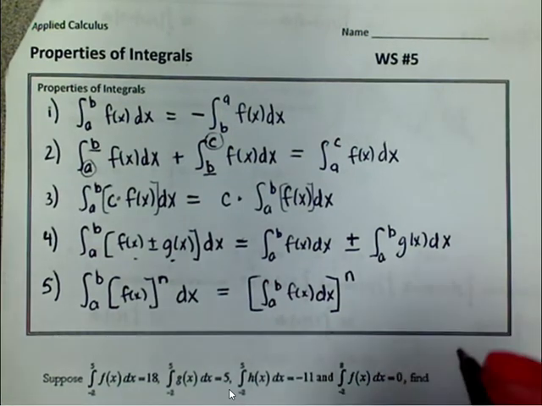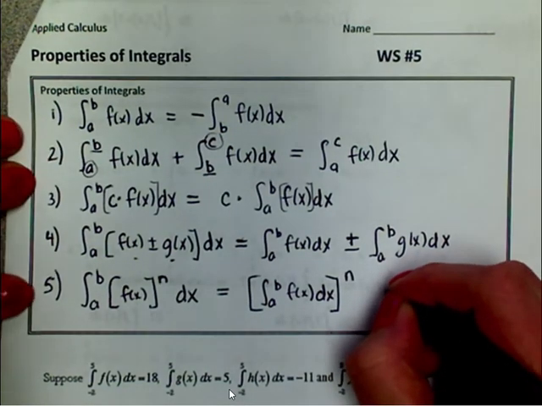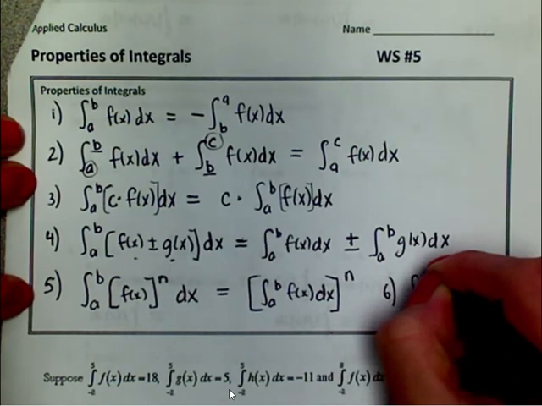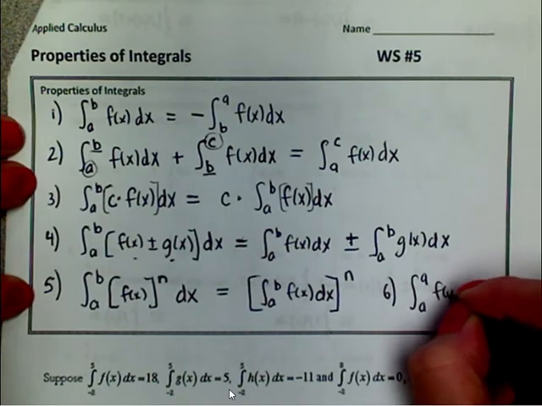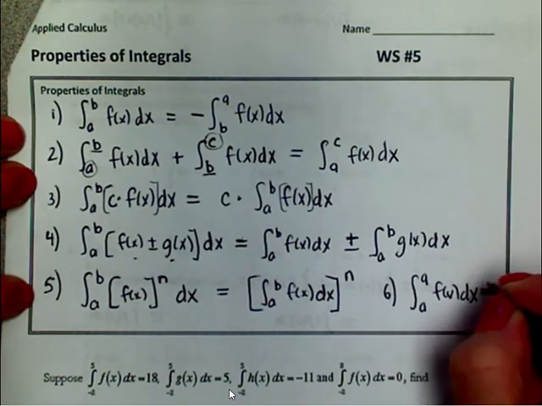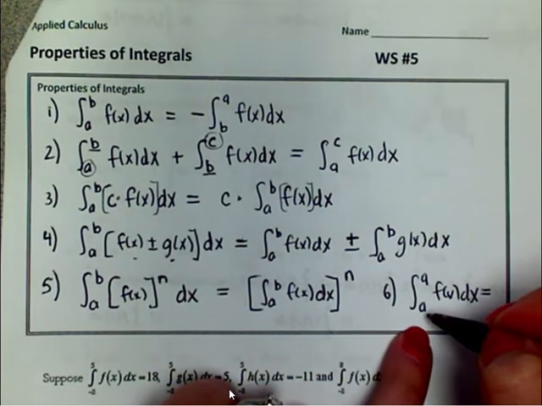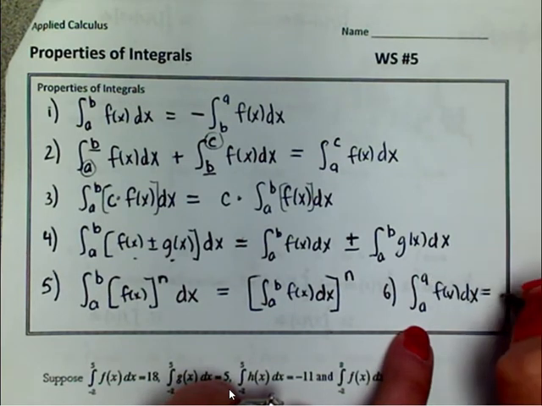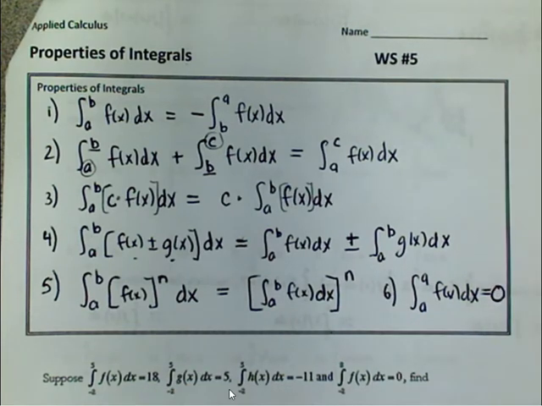And then there's actually one last one that we're going to put in here. That's going to go from a to a, f of x dx. The area under the curve from a to a would have no area, so it's 0.